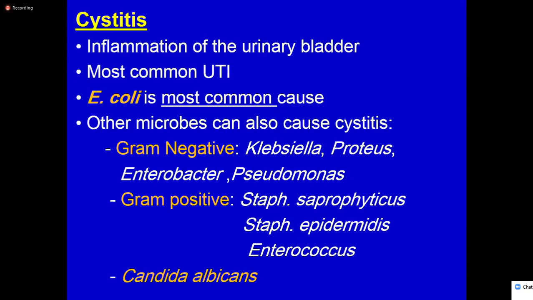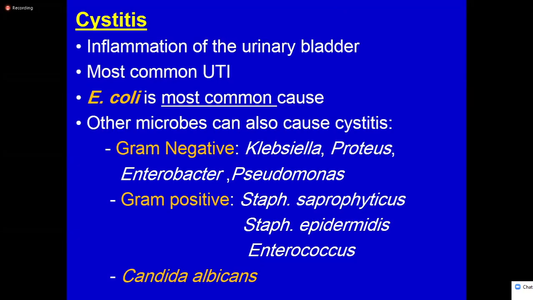Cystitis is an inflammation of the urinary bladder. The most common cause is E. coli. E. coli is the most common cause of cystitis. Other causes of cystitis could be gram-negative bacteria, for example Klebsiella, Proteus, Enterobacter, Pseudomonas.